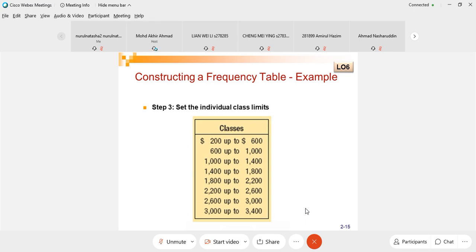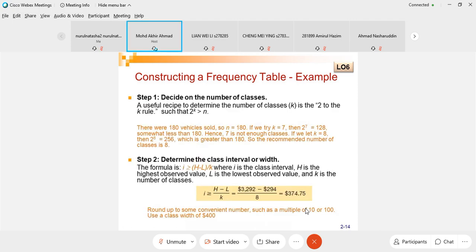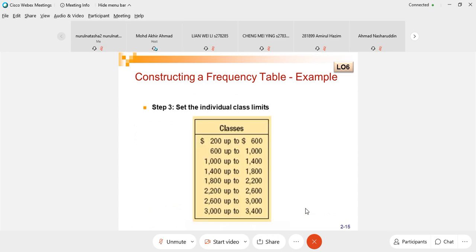So they have 400 here, 200 plus 400, 600, 600 plus 400, 1000, and so on. How we develop this set of data based on this value? So based on step number 1, we get k equal to 8. Step number 2, we get I equal to 400. So any question how we develop this one?